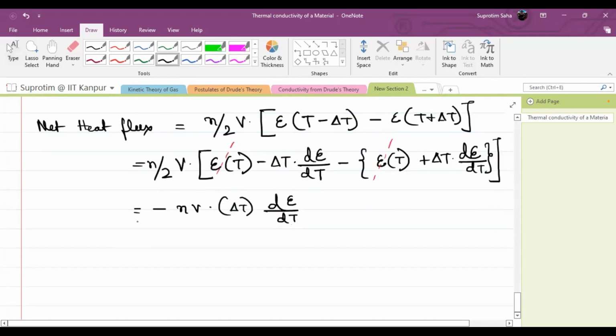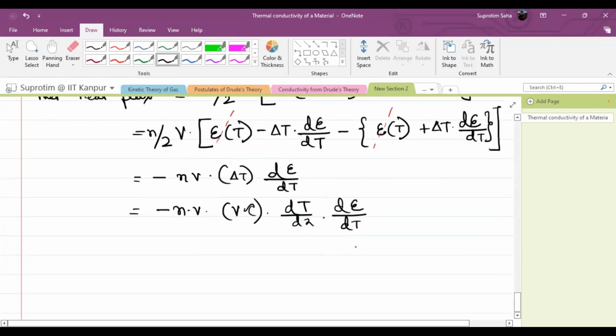Putting the above terms into this, minus n v times v tau times dT/dx times d epsilon/dT.